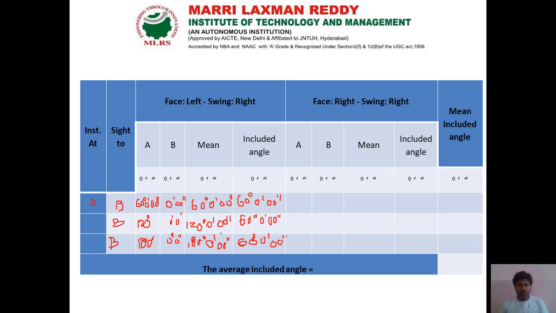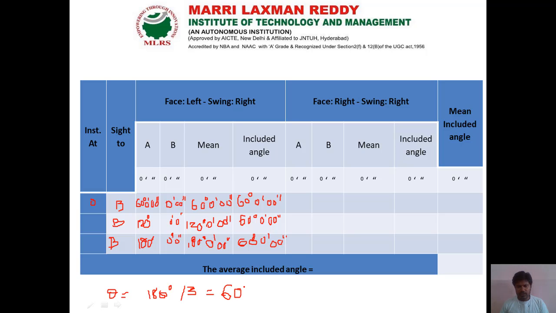Now, with respect to face left observation, what is the value of the included angle? The angle we have taken at last is 180 degree. Our angle theta becomes 180 degree divided by the number of repetitions. We have done it 3 times, so dividing by 3 I get 60 degree.